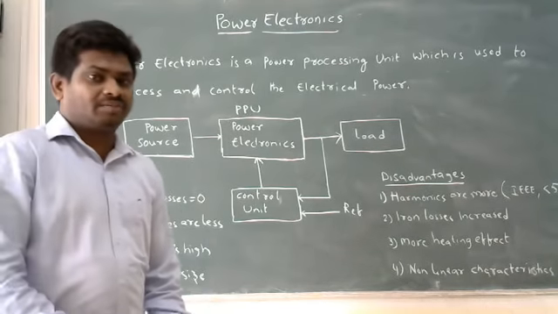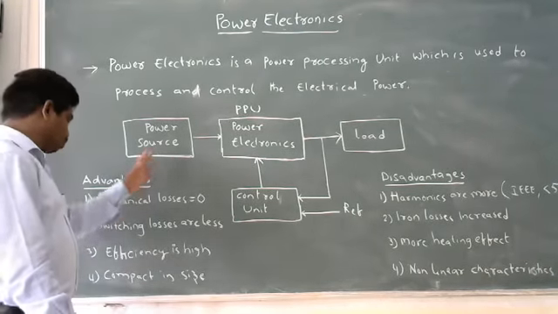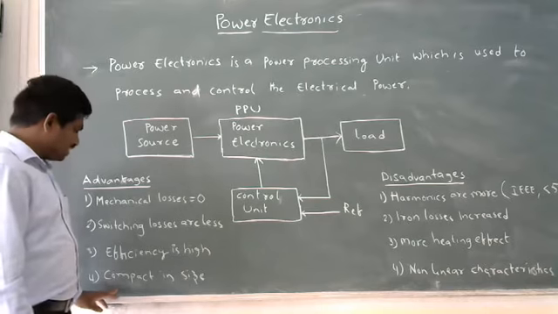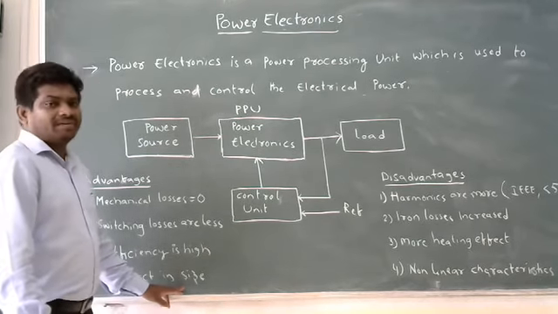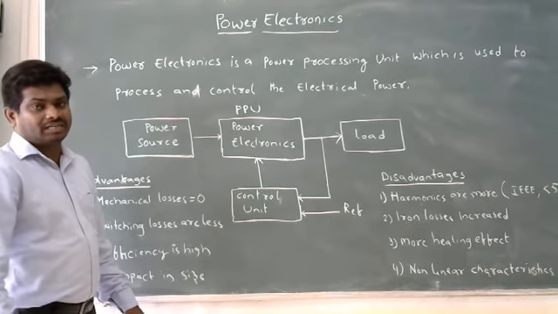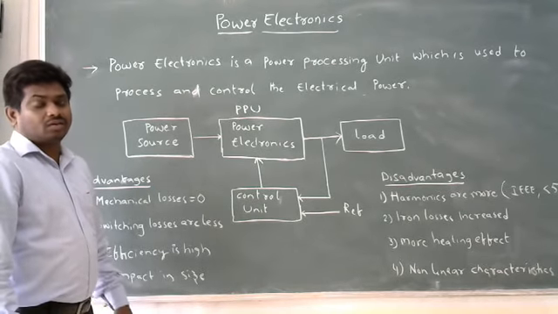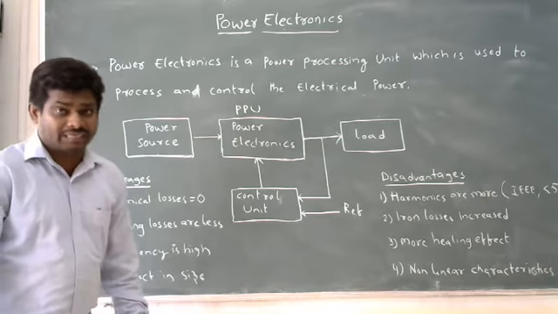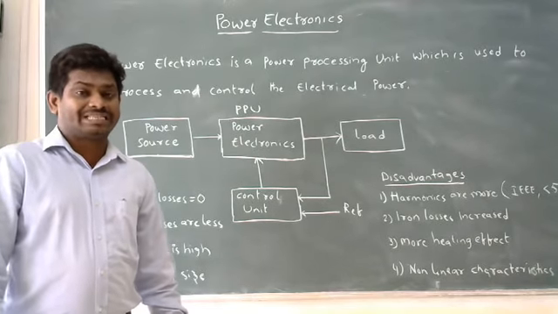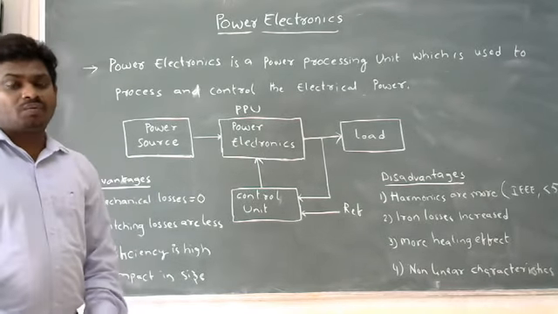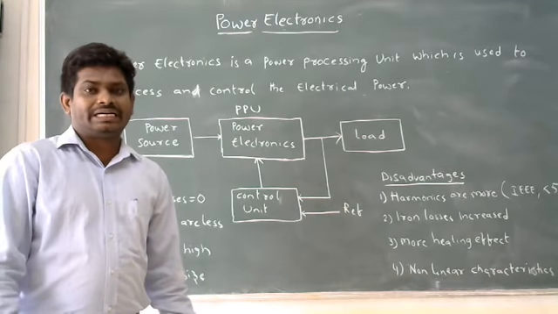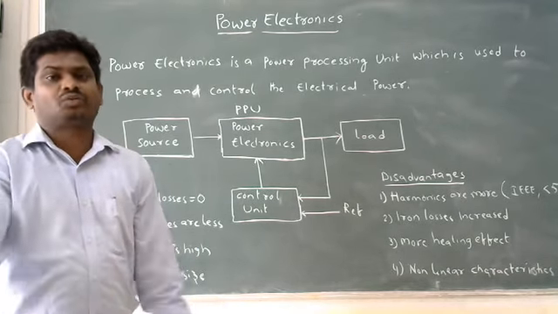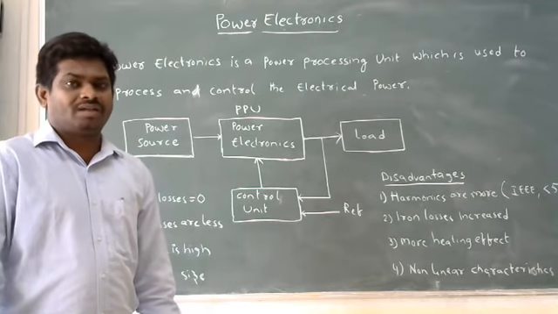That's why when you use the power electronic circuit, the size is very less, compact in size. For example, to supply DC power to the synchronous generator to excite the field winding, when you take a DC generator, we have to provide more space to place the DC generator very near to the synchronous generator.